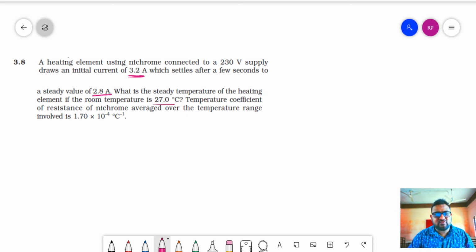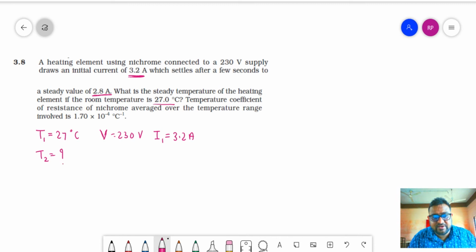So see, room temperature was 27. So when T1 is equal to 27 degrees Celsius, at that time V1 voltage was 230, and what was the current at that time? 3.2 ampere. Right? Now voltage remains same, so I will write down V, not V1. Clear? Now, the temperature will rise to, let's say, some temperature T2, and due to that, the current decreases.